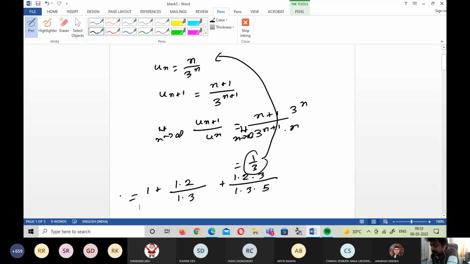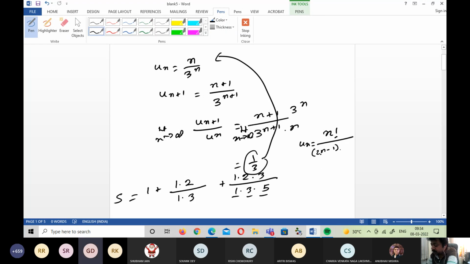Now suppose this is the series S. How can you find out the nature of the series? What is un here? First of all, you just write un is factorial n by 1, 3, 5, up to 2n minus 1. So 2n minus 1 each and every time.